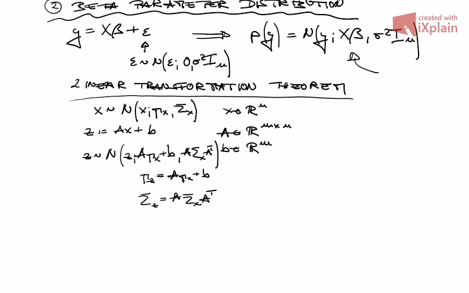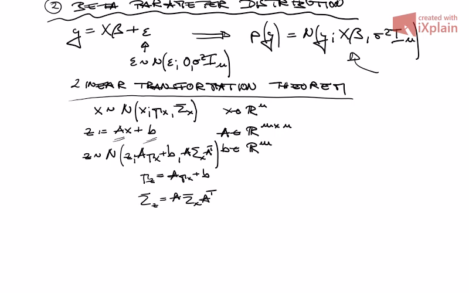We used it with the transformation matrix being the identity, and B being X beta. That's how we used it back in the days. Today we're going to use it differently, but in the same spirit.